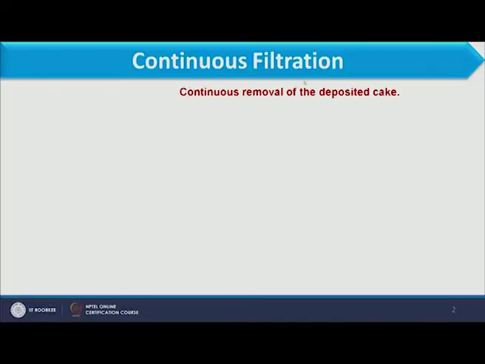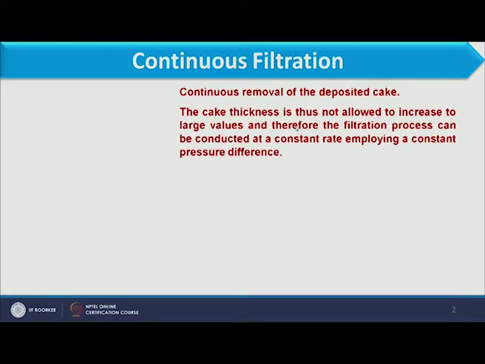So, in continuous filtration we make some arrangement so that the cake formed on the filter media is continuously removed. The cake thickness is thus not allowed to increase to large values, and therefore the filtration process can be conducted at constant rate employing a constant pressure difference.